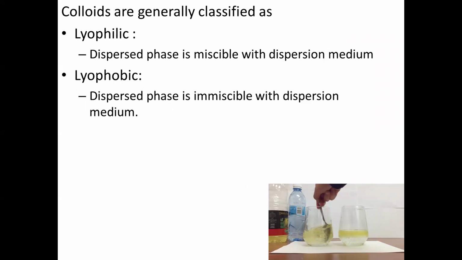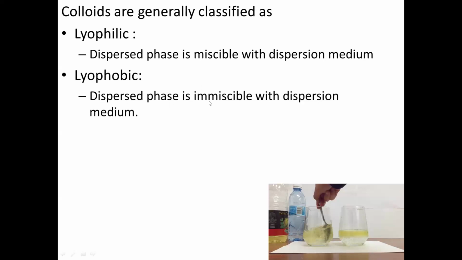Okay, so we'll move on to the next type. That is, when colloids are made, there are basically two types, depending on the miscibility of the two media. One is lyophilic, one is lyophobic. In the case of most colloidal systems, these are lyophobic.